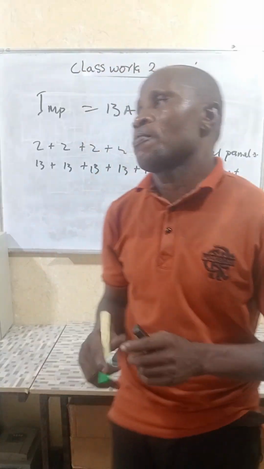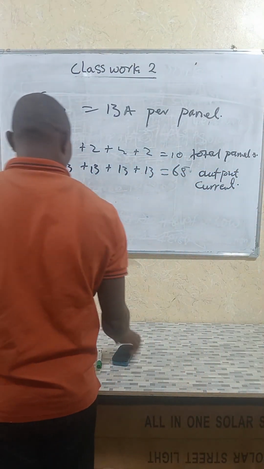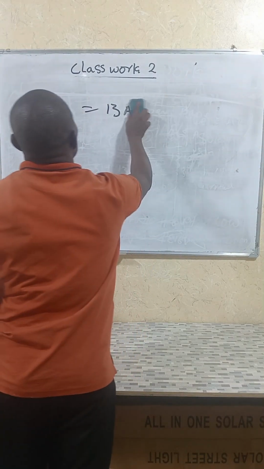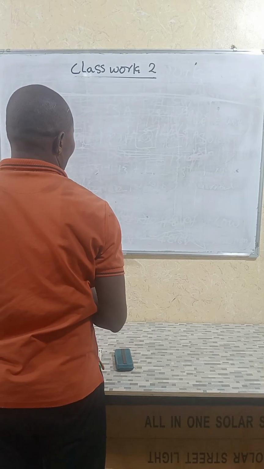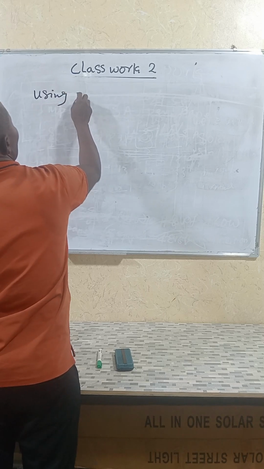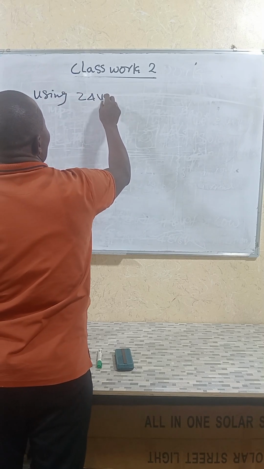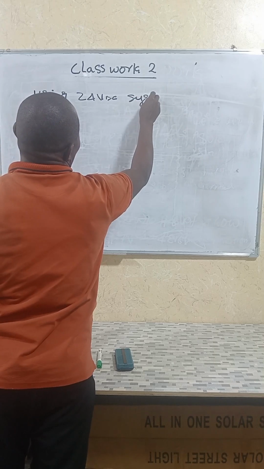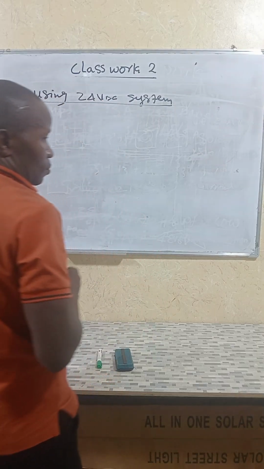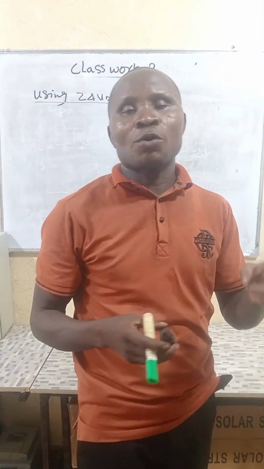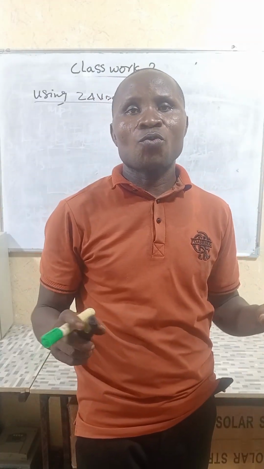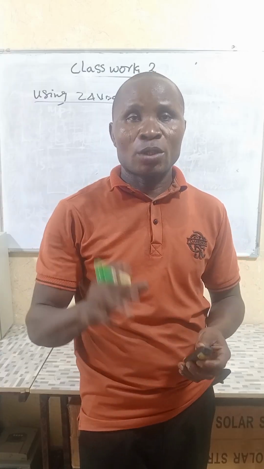Using a 24 volts DC system, it can take in up to that 39 volts. Watch as we draw the diagram now.